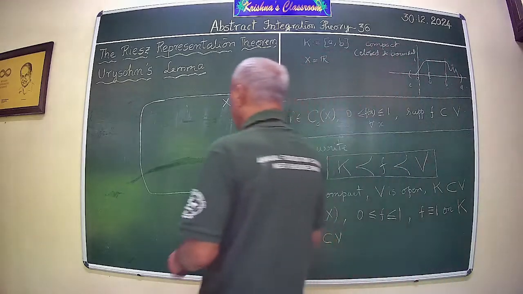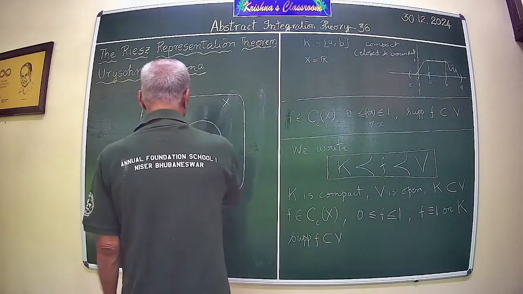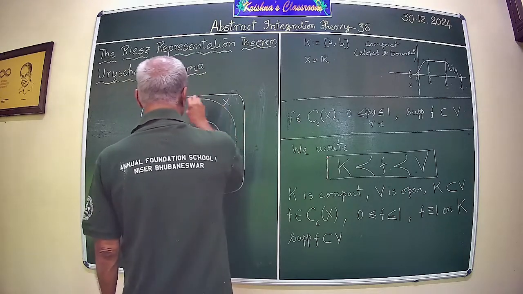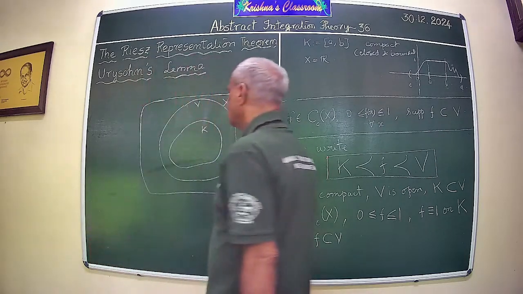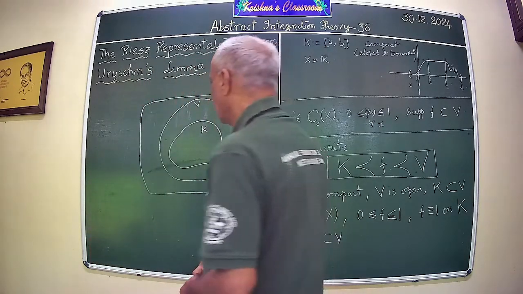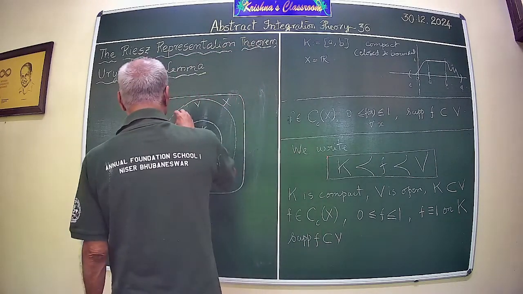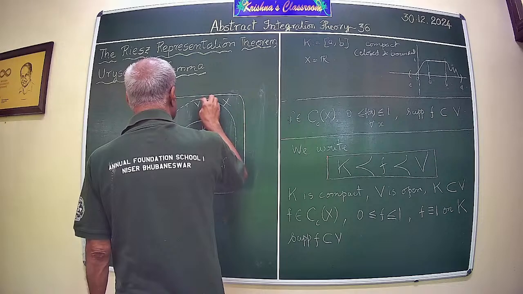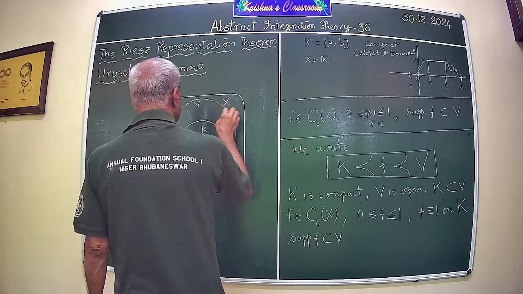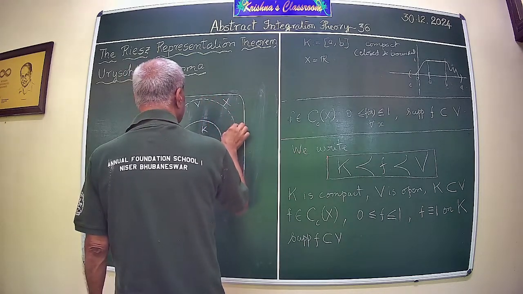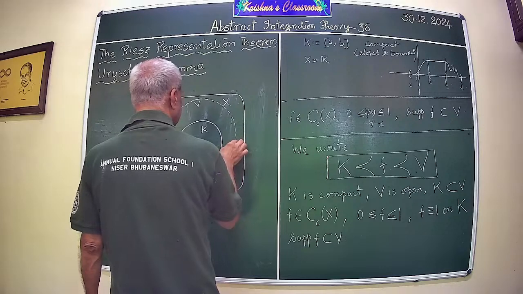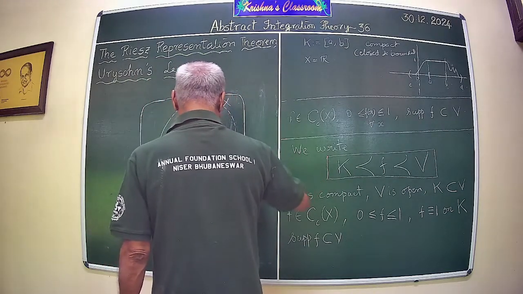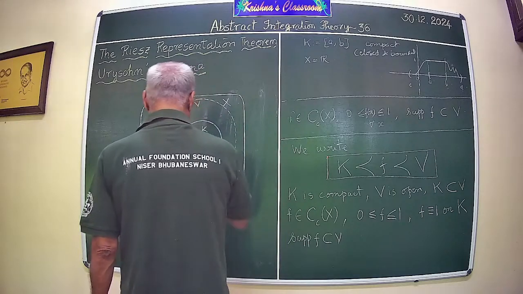Then you have a compact set, which is enclosed inside an open set. Now to remind you that it's an open set, just put the dotted or broken line for the boundary. Whereas this is compact.